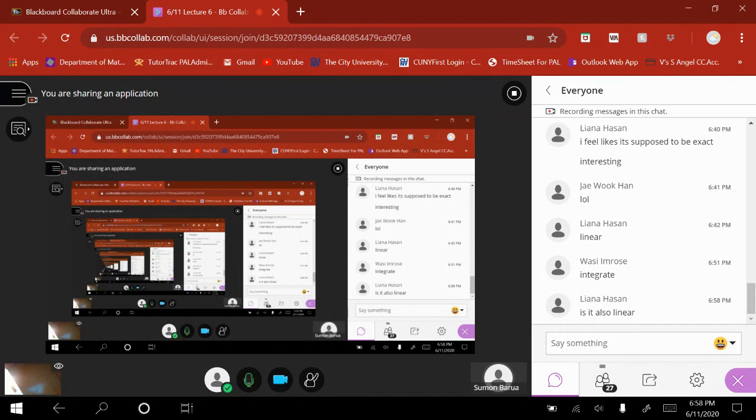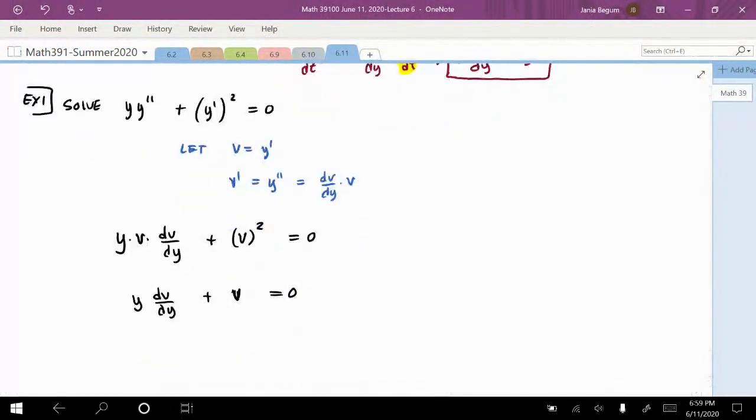But there's also another way you can solve this. Is it separable? Yes, this is absolutely separable. If an equation is separable, I would go ahead with separation of variables because it's simpler. Sometimes one way is easier than the other.